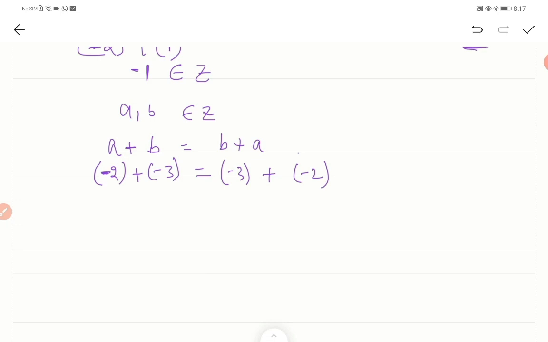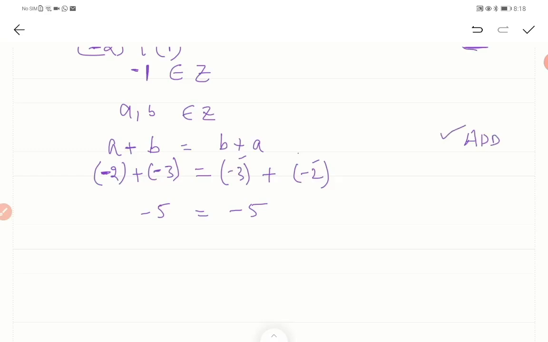There is no change. To verify, minus 2 and minus 3 add to minus 5, and here also you will get the same minus 5. So the commutative property under addition is also true for integers.